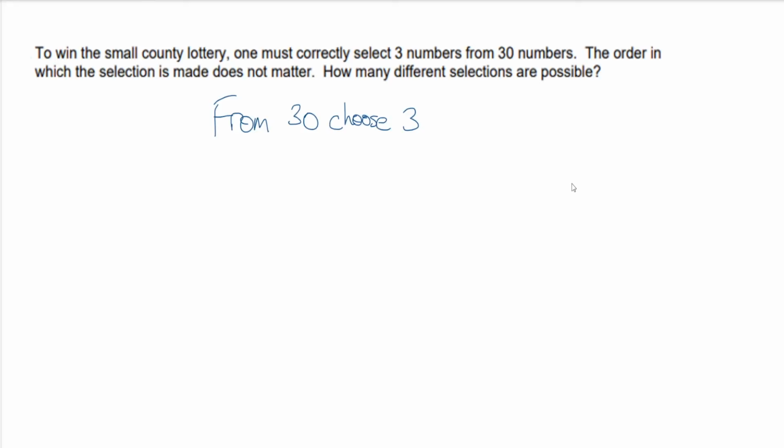When the selection is made, the order in which the selection is made does not matter. How many different selections are possible? Okay, so they tell us directly. We don't even have to ask that question, right? And are there repeats allowed?